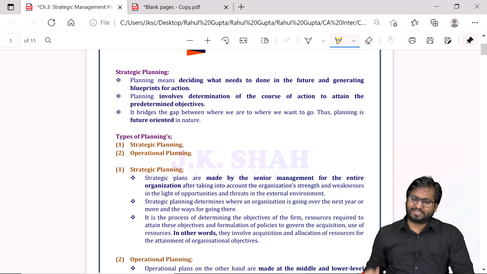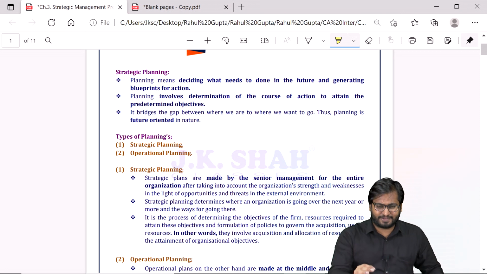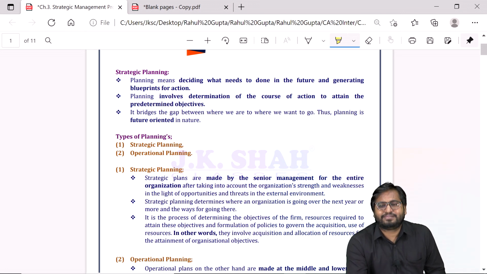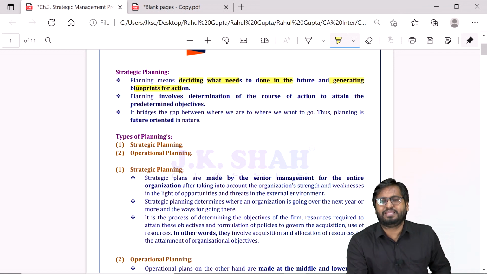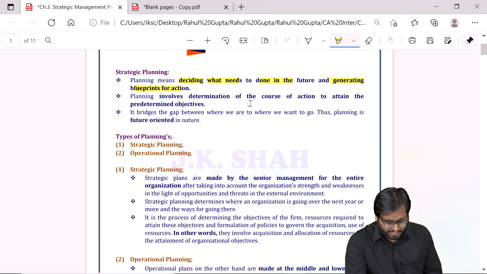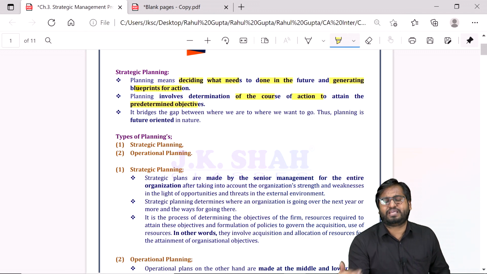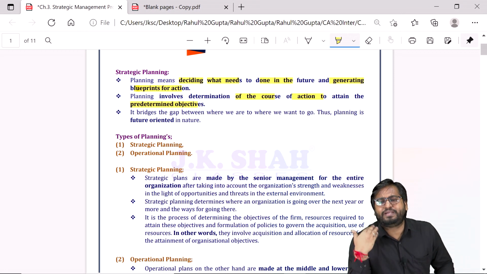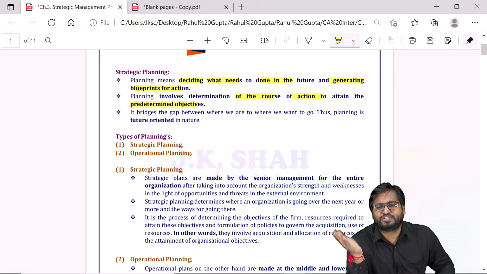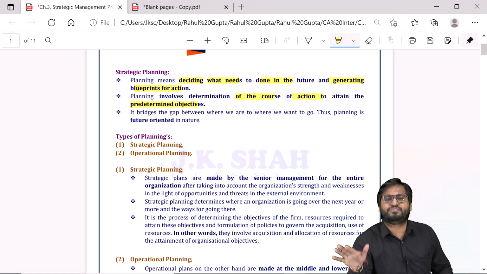So, let us try to understand this in detail. Planning. Planning is deciding what needs to be done in the future and generating the blueprints for action. Planning involves determination of the course of action to attain the objectives. So, with the help of planning, we will be able to achieve our objectives. So, deciding in advance what needs to be done in future will help us achieve our objectives.